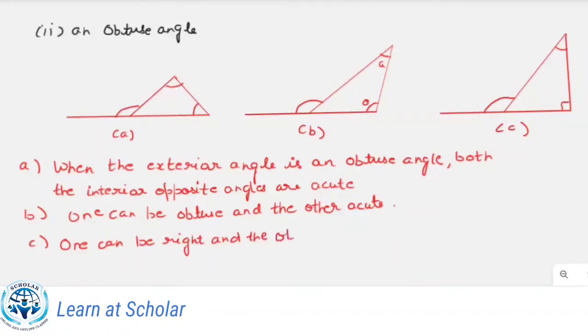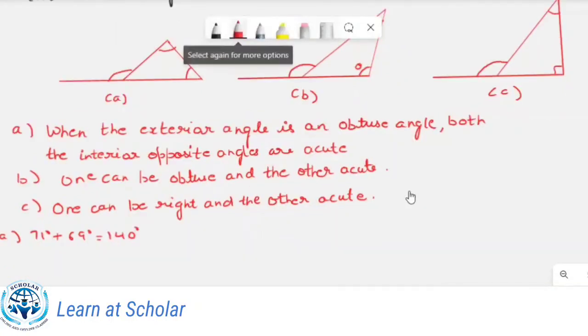Let's verify. First one, acute, they can be 71 plus 69 is equal to 140, that means the exterior angle is 140. Both the angles are acute, so they are less than 90 degree and they sum up to 140 degree.